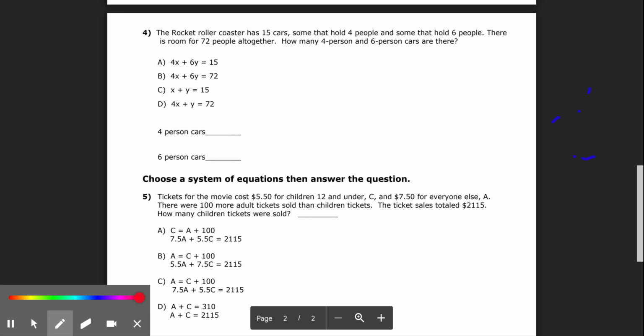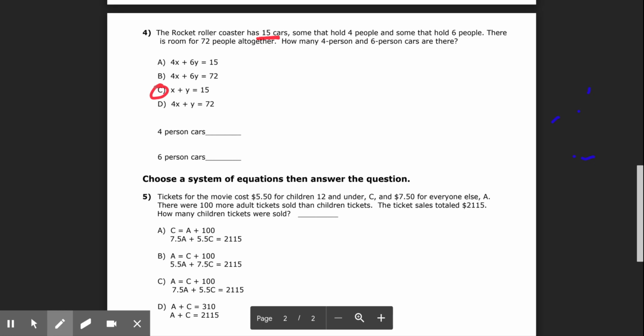There is room for 72 people altogether. How many 4-person and how many 6-person cars are there? All right, so there are a total of 15 cars here. So we've got x plus y equals 15. So we're going to use that equation right there.